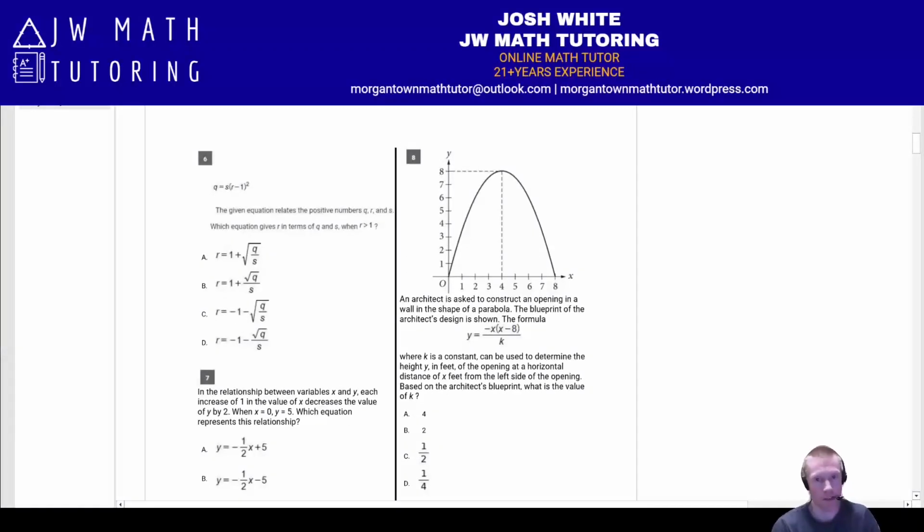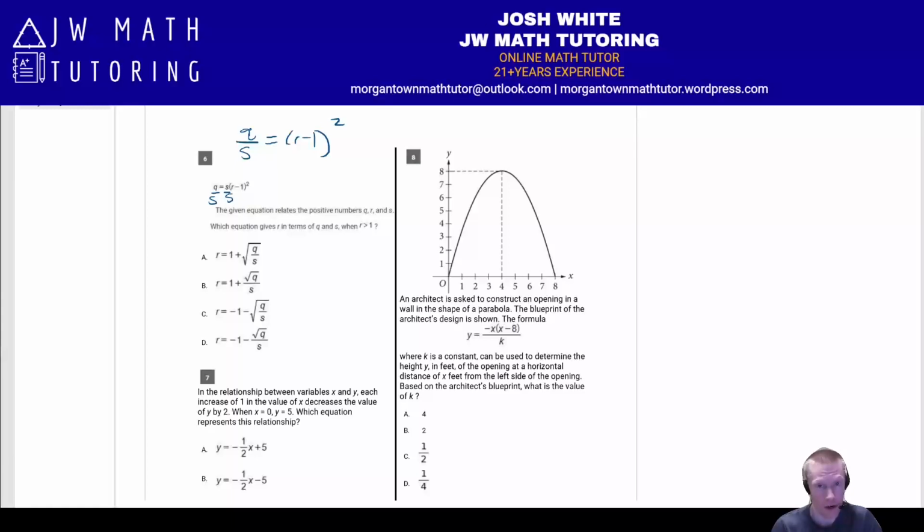Problem number 6 at the top here. This is basically a formula, and they want you to solve this formula for R in terms of Q and S. So the easiest way to do this is to first divide by S on both sides, and then square root both sides.